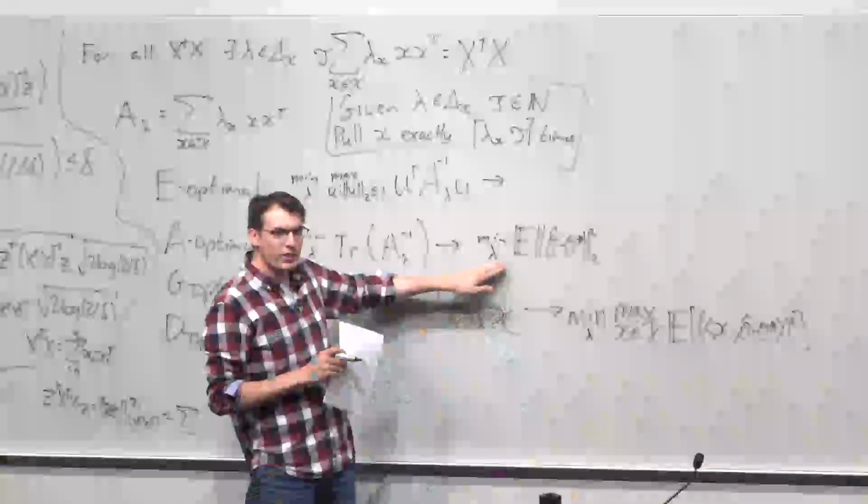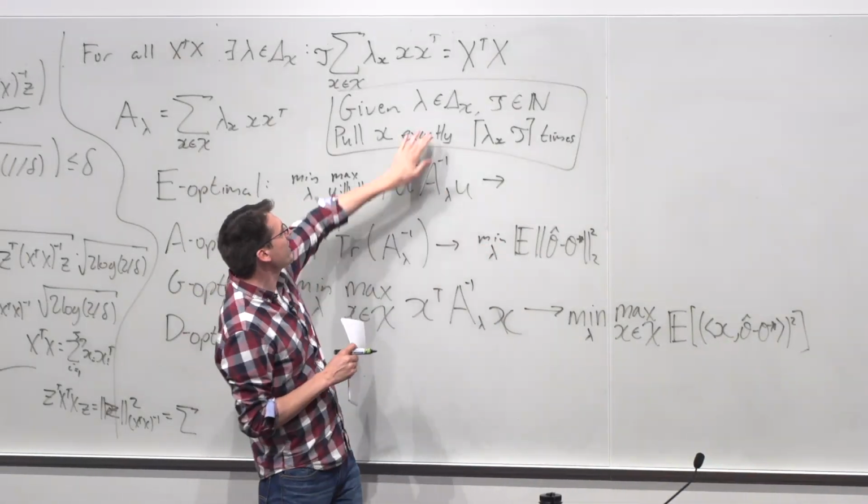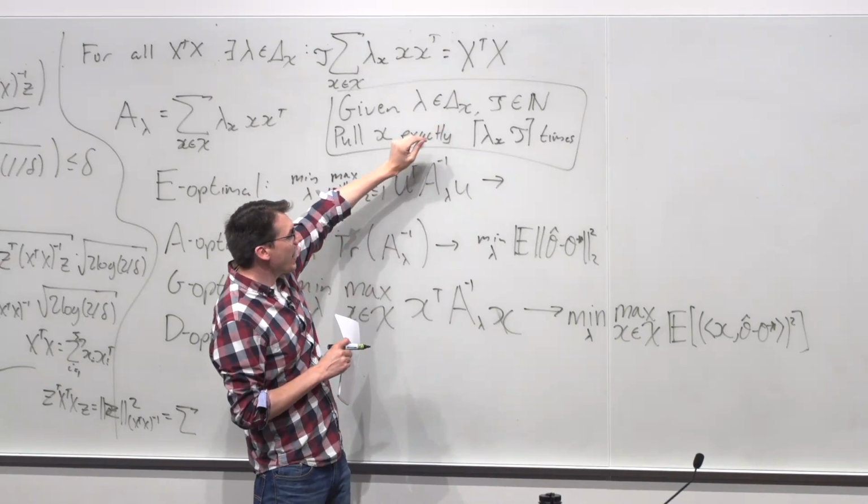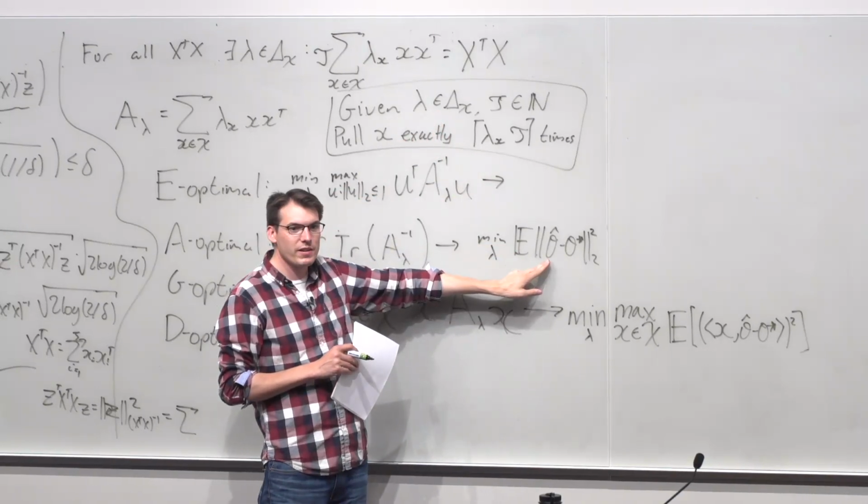Okay? And so when I put the expected value of theta hat minus theta star, this theta hat is the result of I'm going to choose a lambda, and given that lambda, I'm going to go and take tau measurements, and then I'm going to construct the least squares estimator.